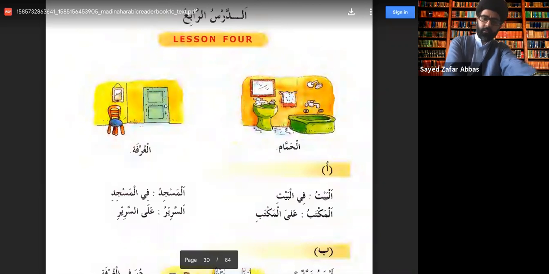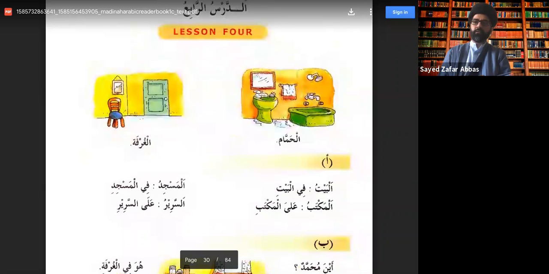So, as we probably mentioned before, but to remind ourselves, there are 3 types of words in Arabic. Each word is in one of these 3 categories. The first category is called ism, which in English we would translate as nouns.